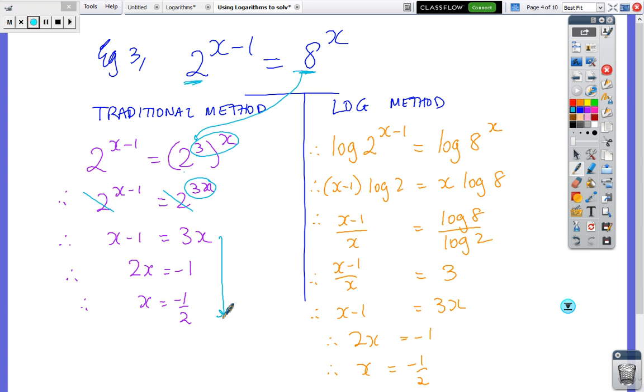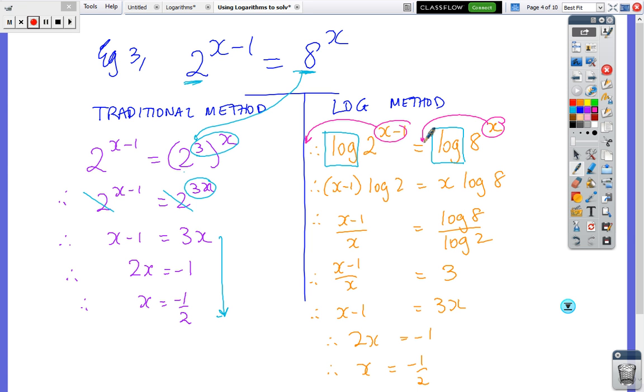Okay, so that would be the way you did it when you were in year 10, but now we can use logarithms. Same idea, put the word log out the front, so log of both sides, and then this power comes out the front, and that power comes out the front.